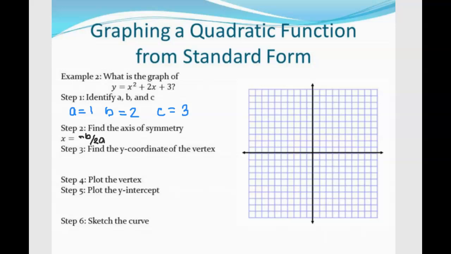So in terms of this problem, it's negative 2 divided by 2 times 1, or negative 1. So what that means is my graph is going to be symmetric about the line x equals negative 1. So if I have a point to the right of that line, I'll have a point the same distance away on the left.